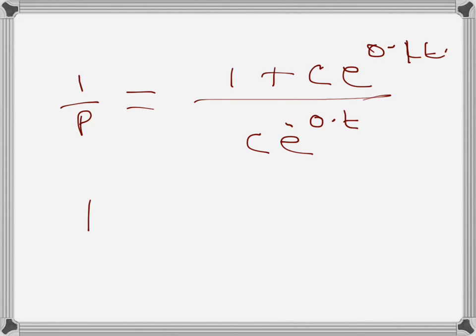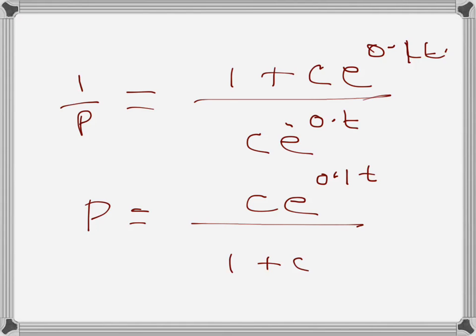Now if we again invert it, it becomes P equal to c e to the power 0.1 t over 1 plus c e to the power 0.1 t. So basically the numerator becomes the denominator, and the denominator becomes the numerator.